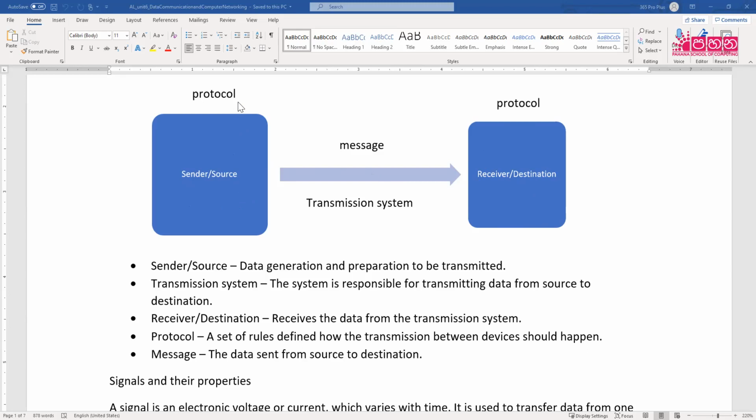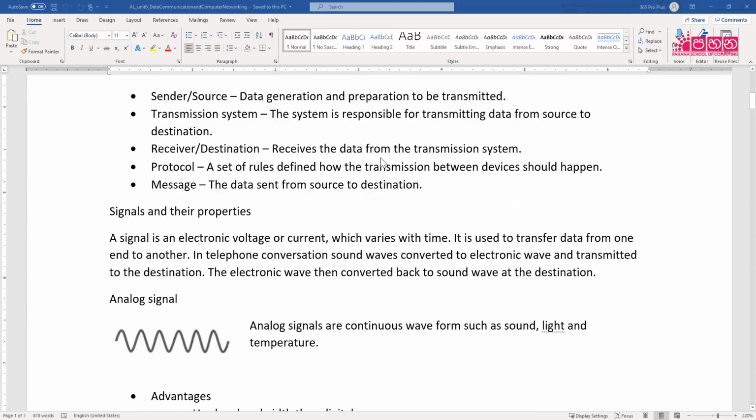We will discuss this later in more detail, but for the time being, you can remember the protocol as a set of rules which govern this transmission. And then we send the details as messages. The data you send from source to destination, we call the message.